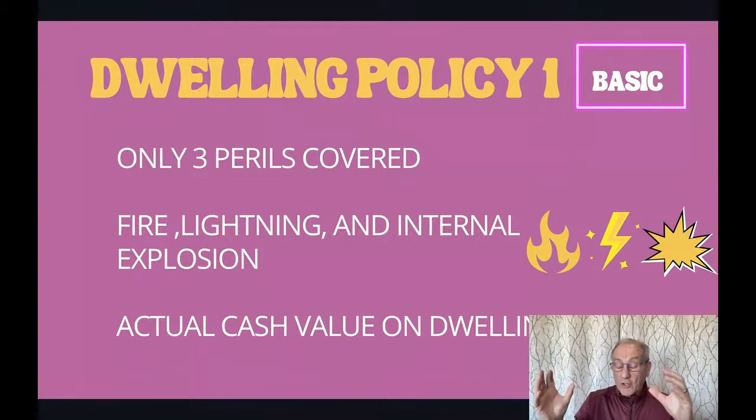So whatever it costs to replace the house is irrelevant. They're going to give you actual cash value, which is what you paid for it in the beginning. Not very good coverage. This is a kind of stripped down policy for landlords who, I don't know why people would buy this, but there are always people who say to their agent, I don't care about the coverage, give me the cheapest policy. This is it. Okay, this is the DP1.